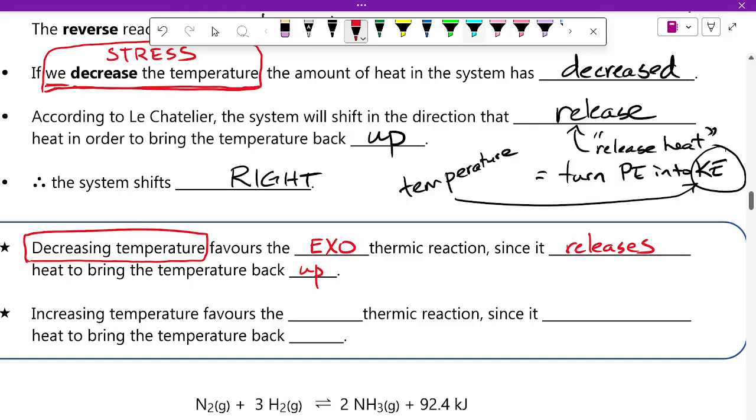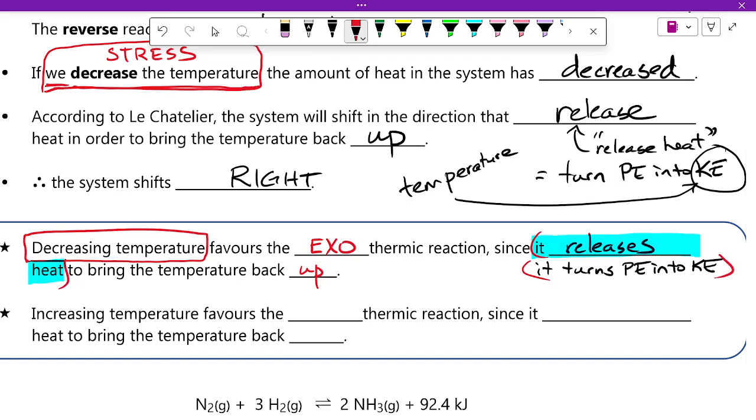If that's confusing to you, you could say it turns potential energy into kinetic energy. You could say that instead, right? So this part here could take the place of this part here if you wanted, okay?